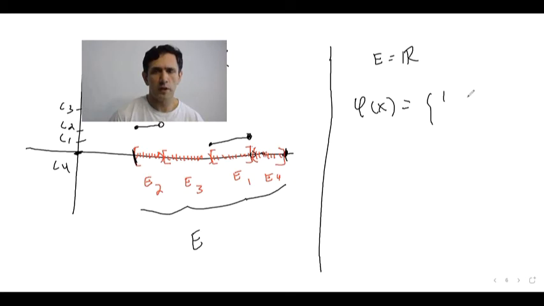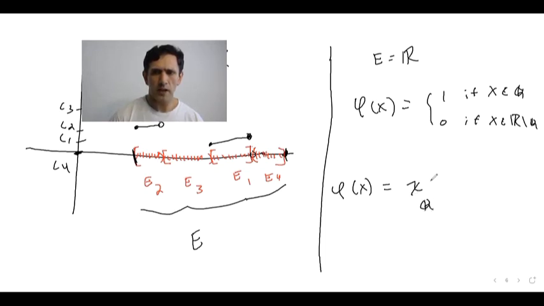So it's 1 if x is rational, 0 if x is irrational. Okay. So the canonical representation here is pretty obvious. It's going to be just the characteristic function of the rationals.